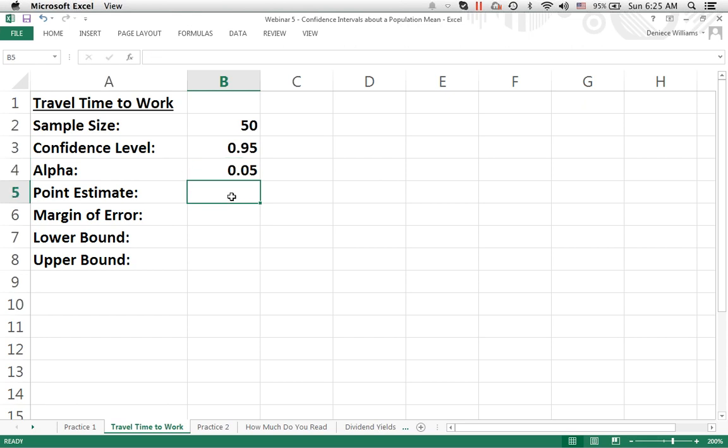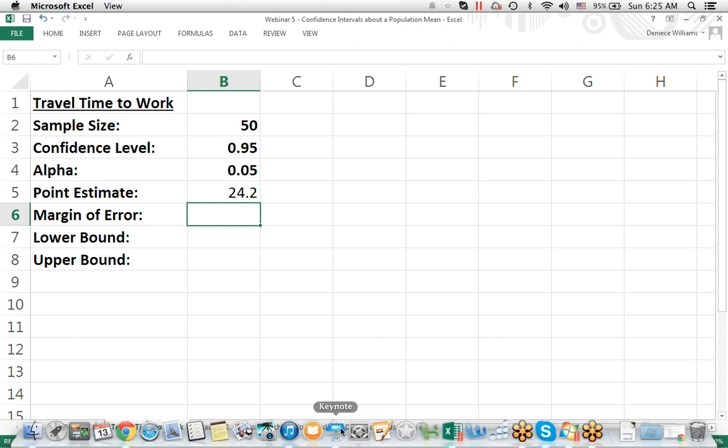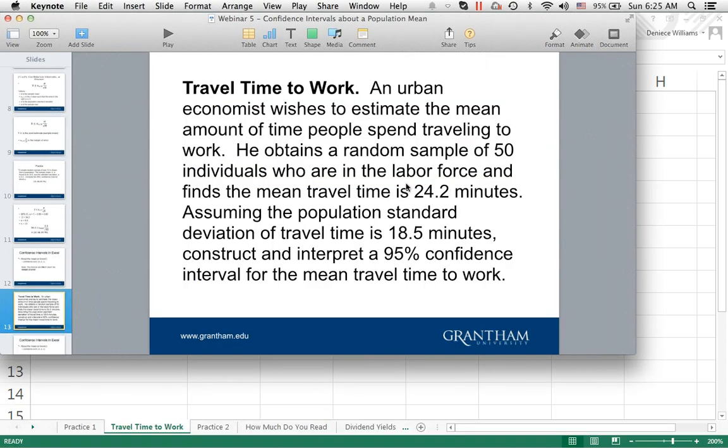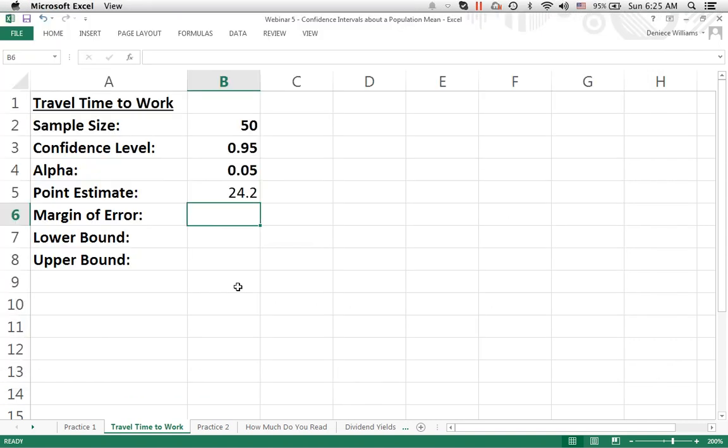The point estimate is the same thing as my average, which is given to me in the problem as 24.2. Then I have a population standard deviation of 18.5.